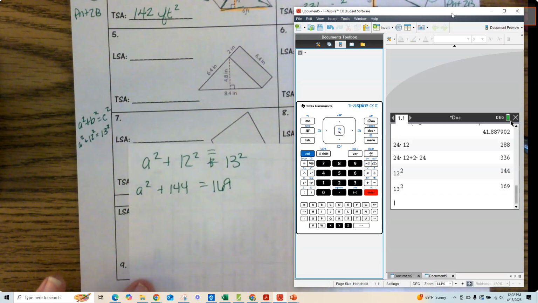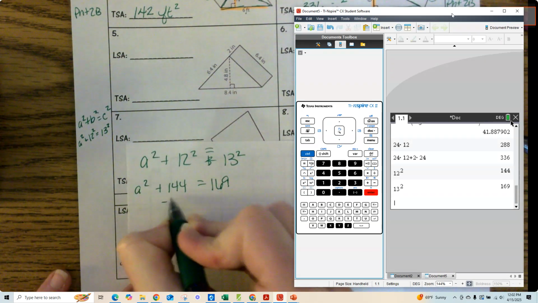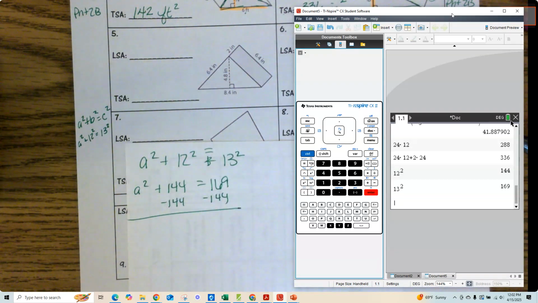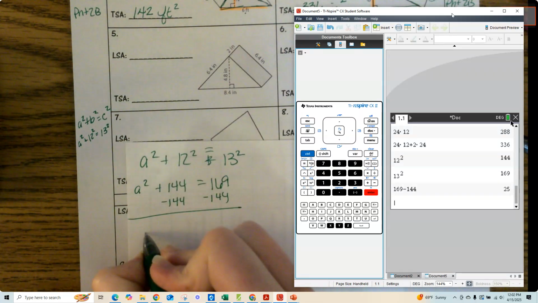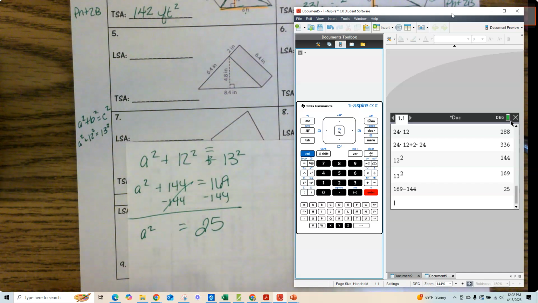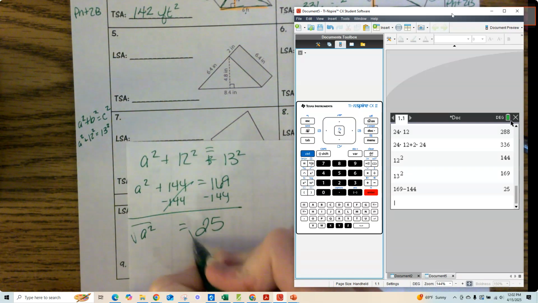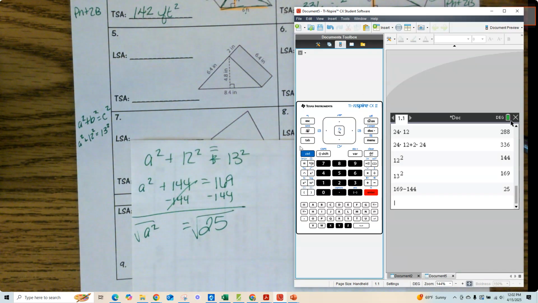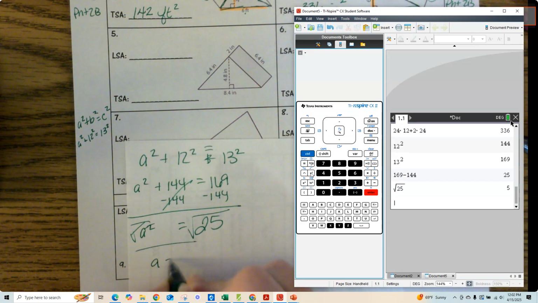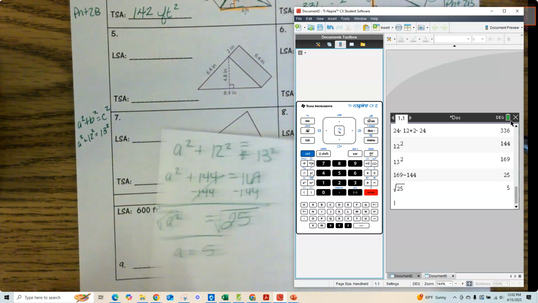All right, what's the first thing I do to solve this thing? All right, so we get A squared, this cancels, equals 25. Now what do we do? Square root both sides. These will come out. You won't get gross answers on these. You shouldn't. Okay? So A equals 5.